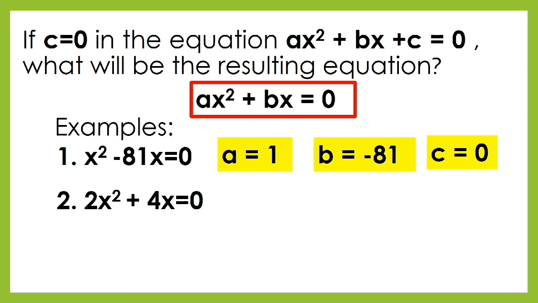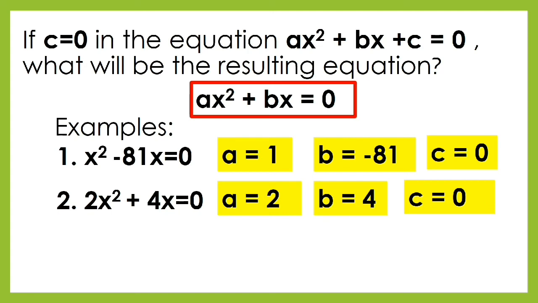Number 2, 2x squared plus 4x equals 0. Our A is 2, B is 4, and C is 0. Number 3, 5x plus 3x squared minus 7x equals 0. This is not written in standard form, so we will write first in standard form.